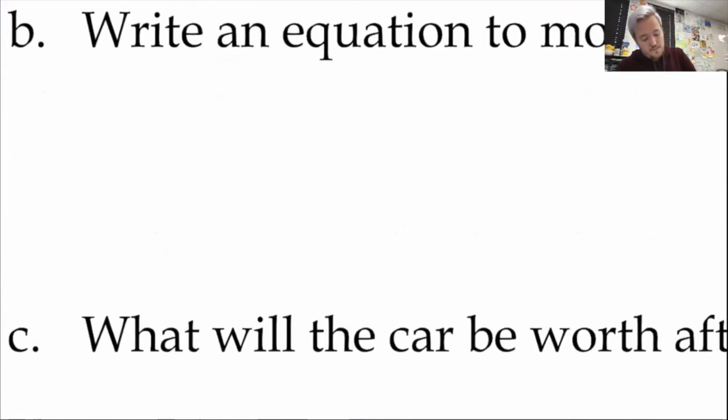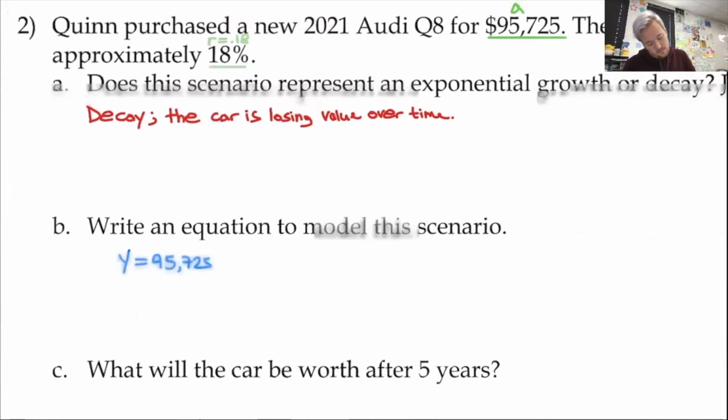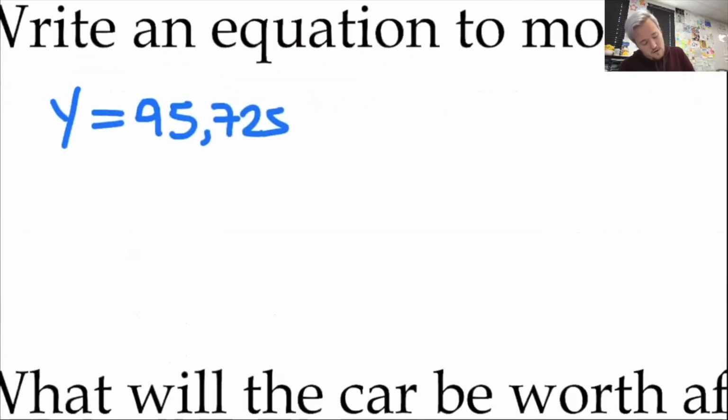It's 95,725, and then it's losing value, so 1 minus 0.18 raised to the t. Keep in mind, if it was gaining value, if it was increasing in value, then it would be plus. But because it's losing value, it's going to be minus.